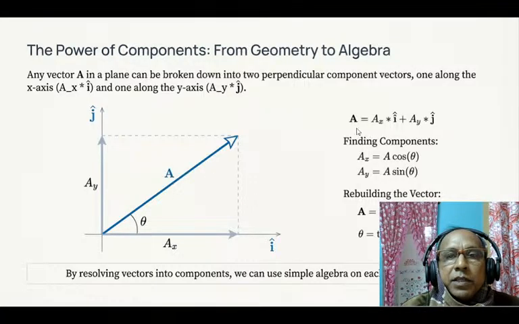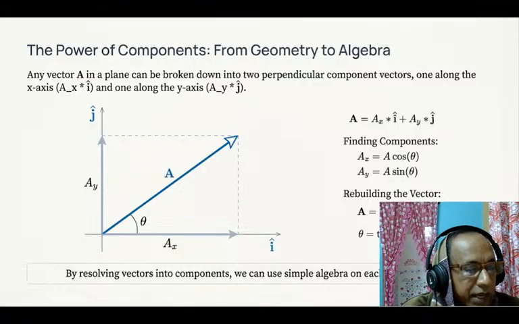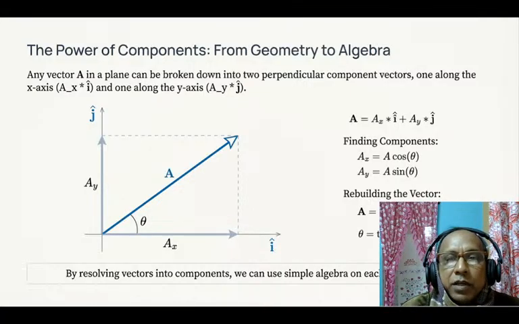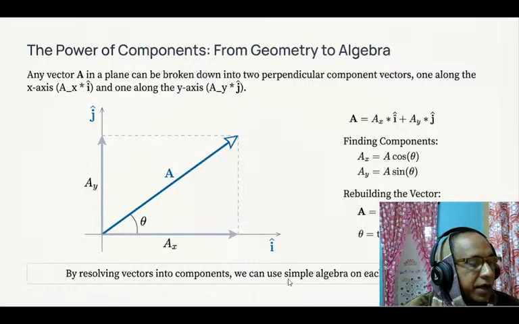So vector a can be represented as ax i plus ay j. Finding components: ax equal to a cos theta and ay equal to a sin theta. Rebuilding the vector, the modulus of a can be found as root over ax squared plus ay squared, and theta equal to tan inverse of ay by ax. By resolving vectors into components, we can do simple algebra on each axis separately.